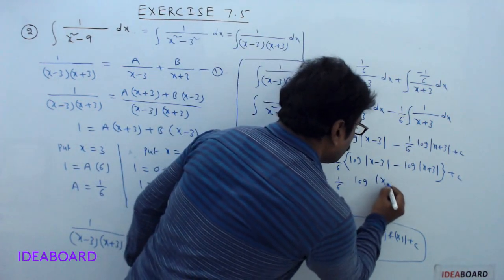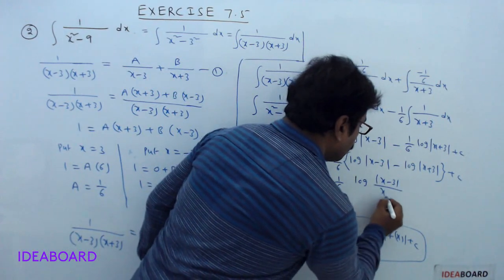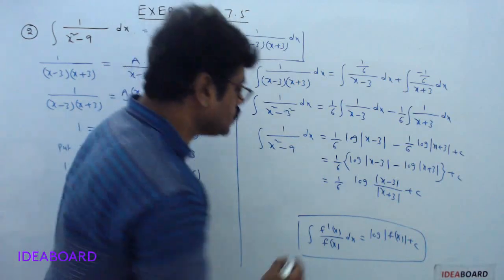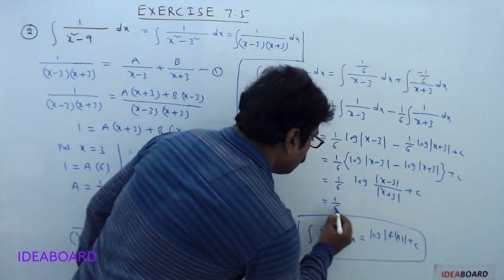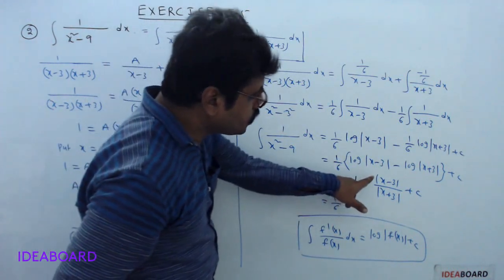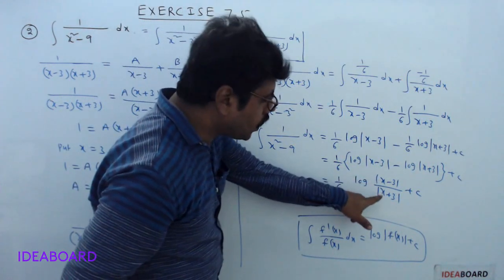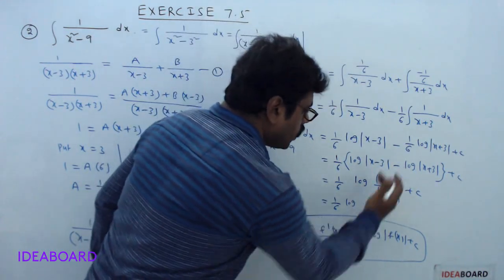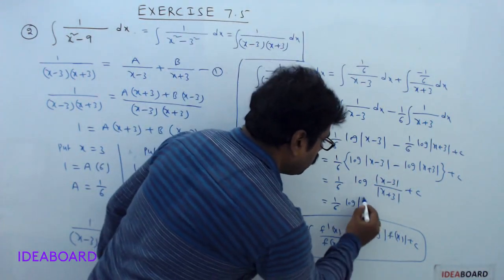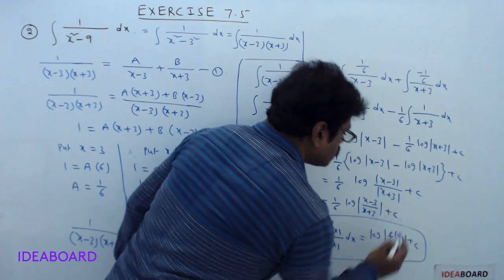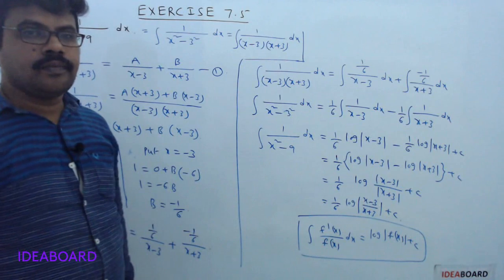So log of mod of x minus 3 divided by mod of x plus 3 plus some constant c. Now this is equal to 1 by 6 into log of, the mod function is in the numerator and the mod function is in the denominator. You can take the entire modulus. Log mod x minus 3 divided by x plus 3 plus some constant c.